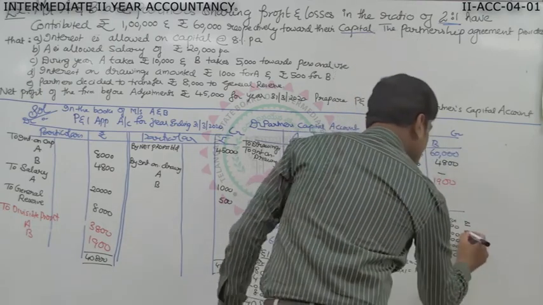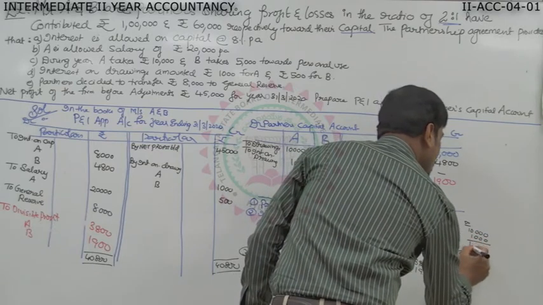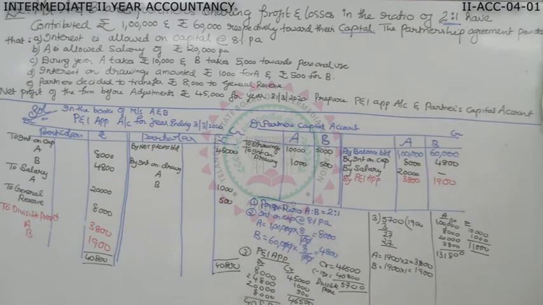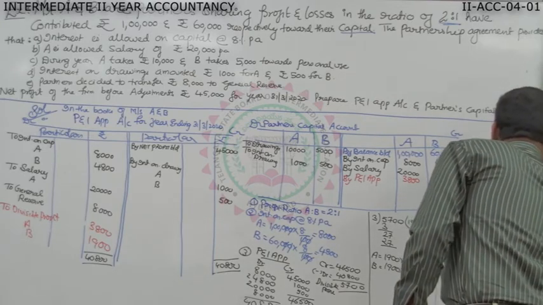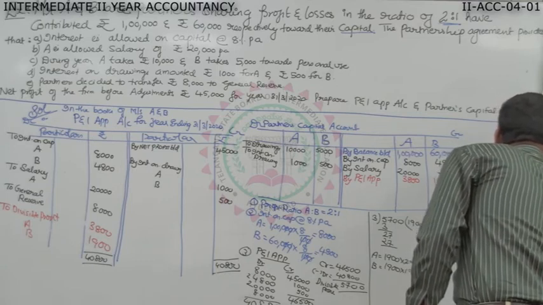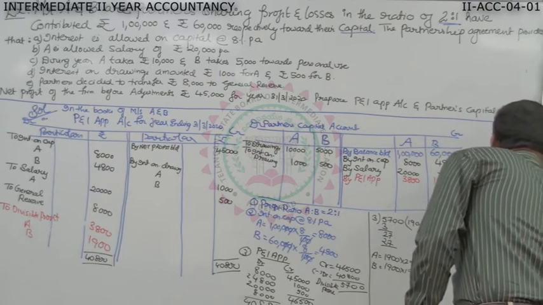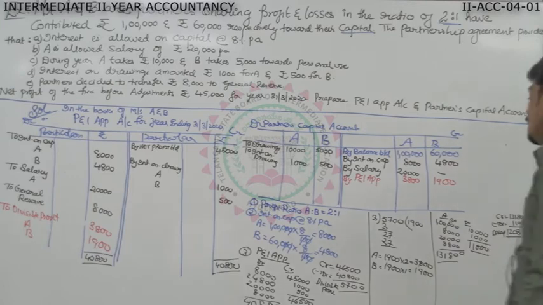We have debit 10,000 and 1,000. Total we have 11,000. Now we'll find the new balance. So credit is more. Credit 1,31,800 minus debit 11,000. This is the balance carried down of A. New balance 1,20,800. Similarly, we'll do for B now.